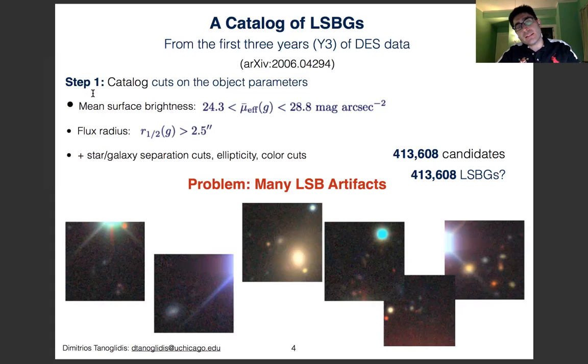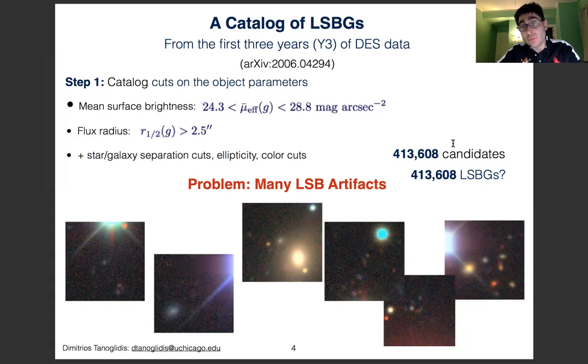And we also restricted ourselves to objects with angular sizes on the sky larger than 2.5 arc seconds in order to remove contamination from very small objects. And of course, some other criteria to also narrow down our selection. We had a little bit more than 400,000 candidates, but this does not mean that all of them were actually low surface brightness galaxies.